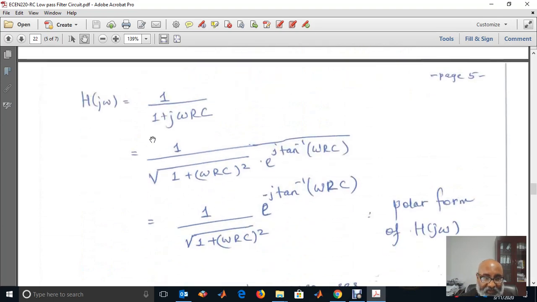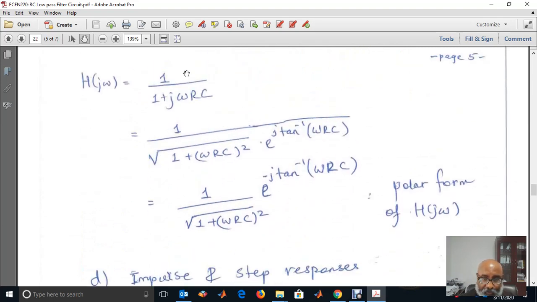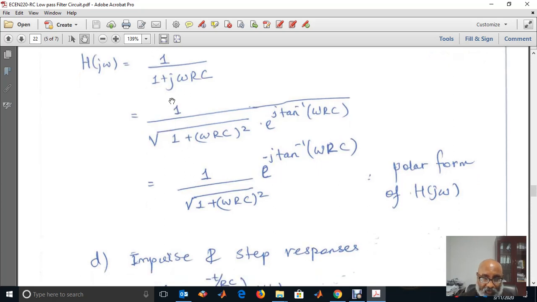We can write the frequency response in polar form. This is rectangular. In terms of polar, the numerator is 1, so it stays 1. And then the denominator is, in terms of magnitude, the square root of 1 plus (omega RC) squared, and in terms of phase, e to the power of j tan inverse of the imaginary part omega RC over the real part.